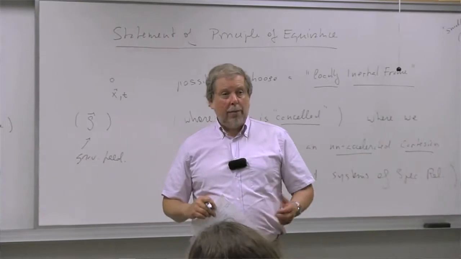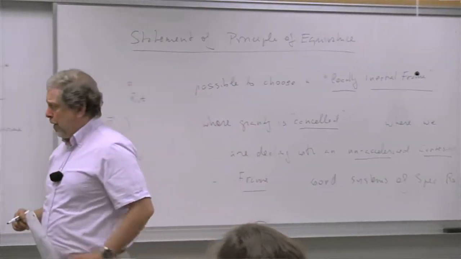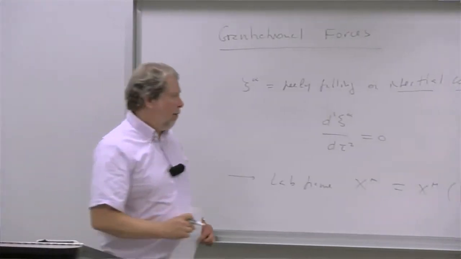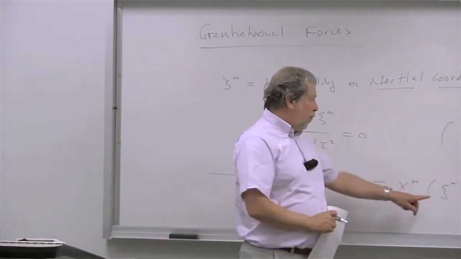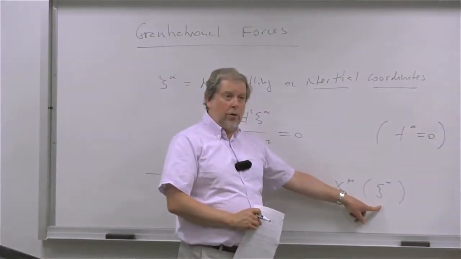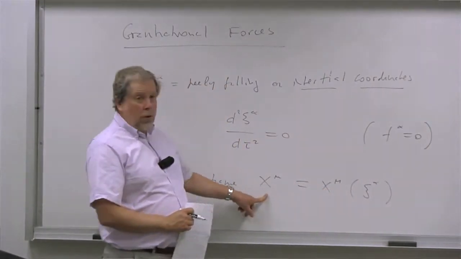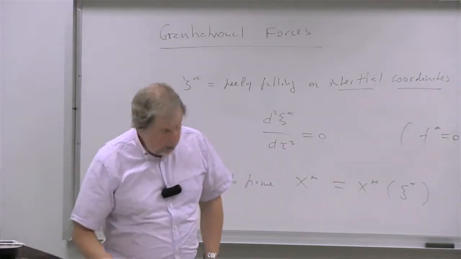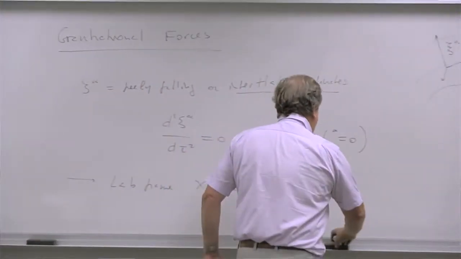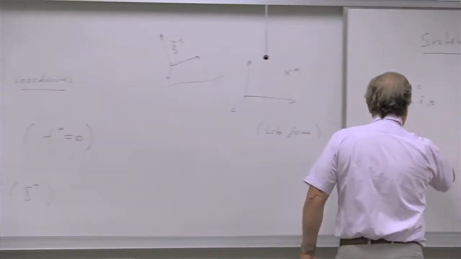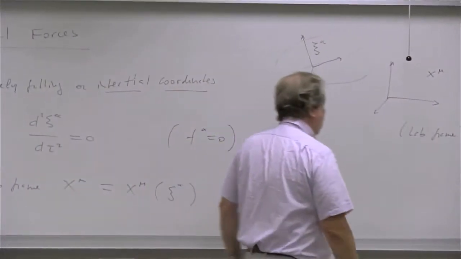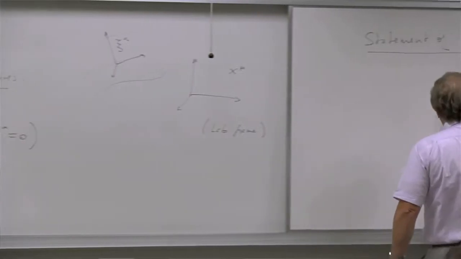But that transformation could be more complicated and could in fact involve the time as well. So we want to write it in the most general form as a transformation from the original freely falling or inertial coordinate system psi to a new coordinate system x mu, which would be some sort of lab frame. All right, so as I said, we're going to work ourselves backwards, and so that means that we are going to rewrite this equation in terms of the lab frame coordinates.